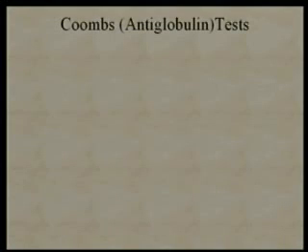Now, there are two special tests that are used a lot in the clinical labs, and those are called the Coombs tests. There's actually two of them, a direct and an indirect Coombs test. The Coombs test actually was developed to detect something called an incomplete antibody. This is really an unfortunate term because it gives you the impression that there's something wrong with it, that this is only a piece of an antibody molecule.